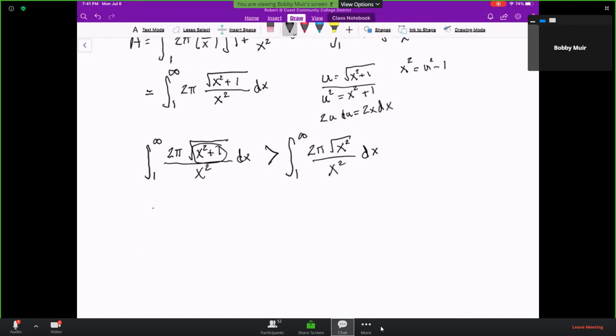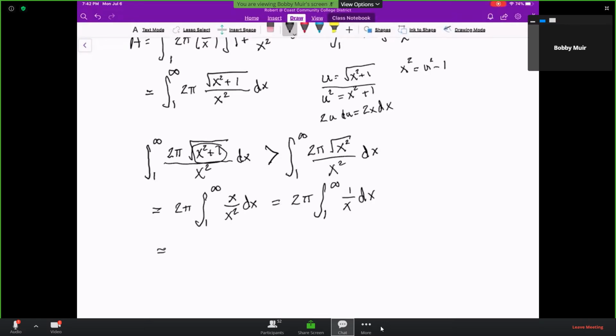And then if we just do this, it would be 2 pi times the integral from 1 to infinity of x over x squared dx. Everything's positive. This is leading to 2 pi times the integral from 1 to infinity of 1 over x dx.